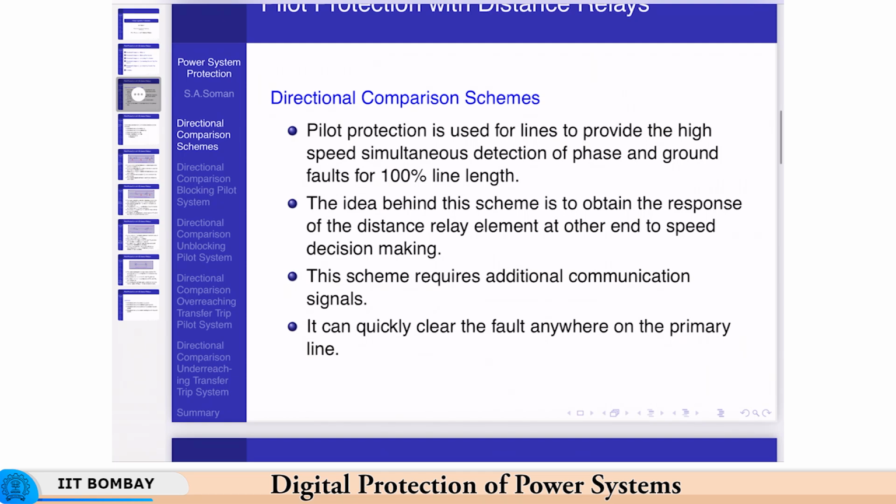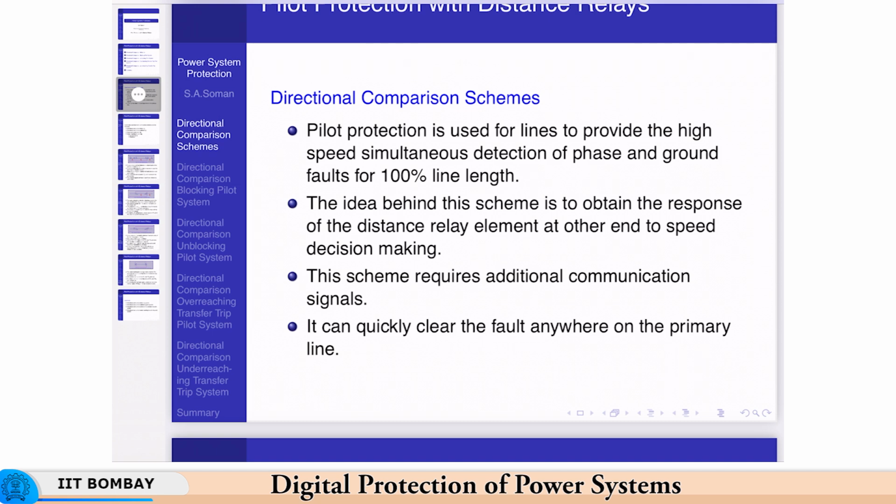As we discussed very briefly at the beginning of this class, to provide high speed, simultaneous protection to both ends of the line, for 100% of the line, we use these pilot wire schemes. Basically we use the information from the other end.